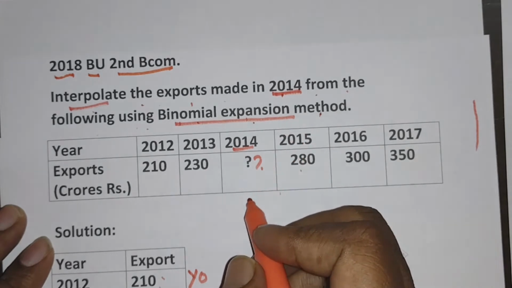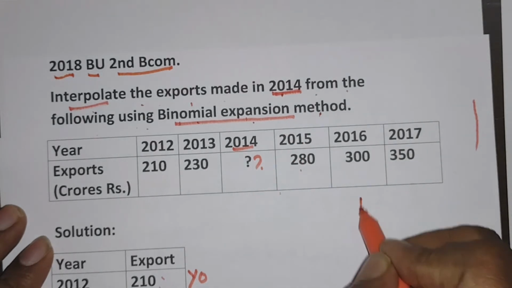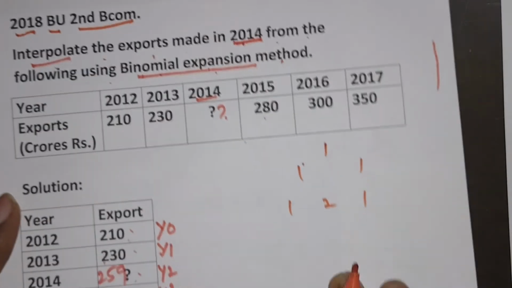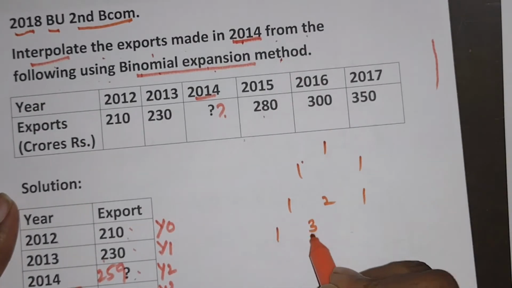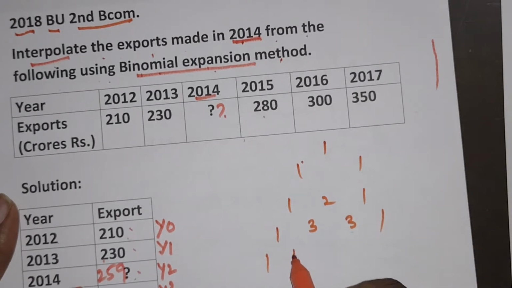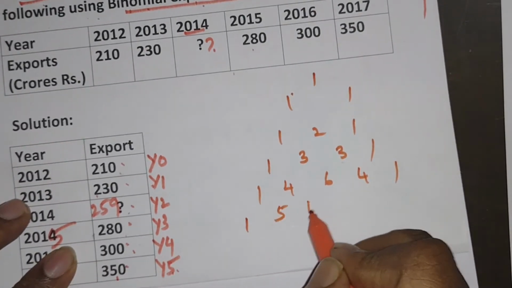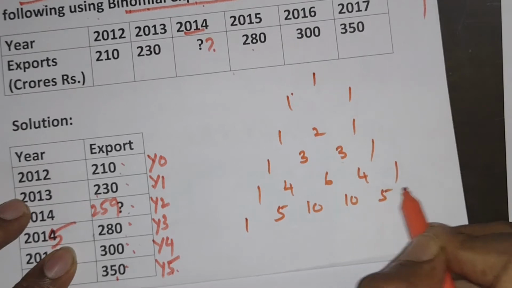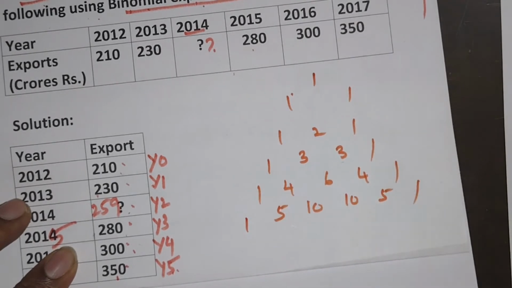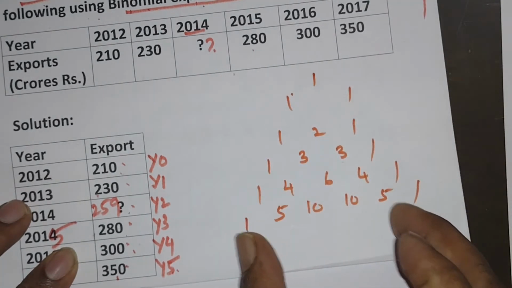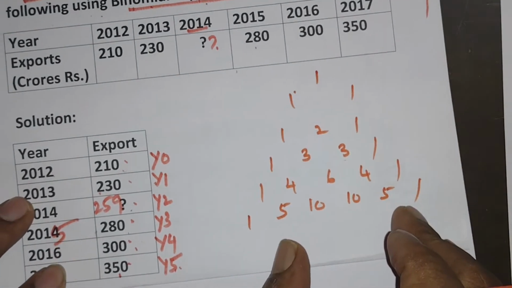So the binomial expansion method is that table: 1, 1 and 1, 1, 2, 1, 1, 3, 3, 1, 1, 4, 6, 4, 1, 1, 5, 10, 10, 5, 1. That is the adding of all that I explained. Then up to what extent this value has to be extended.